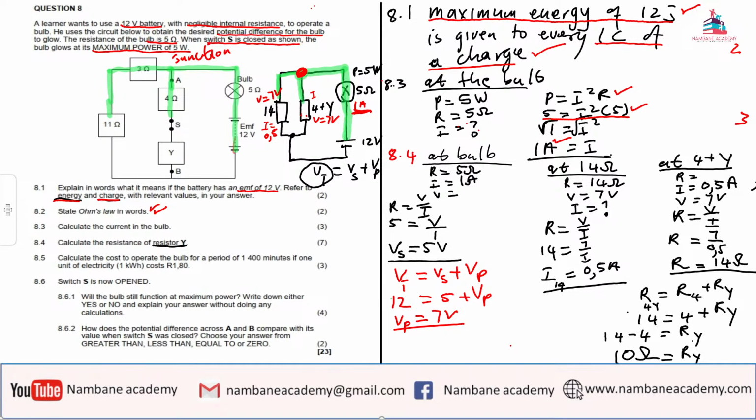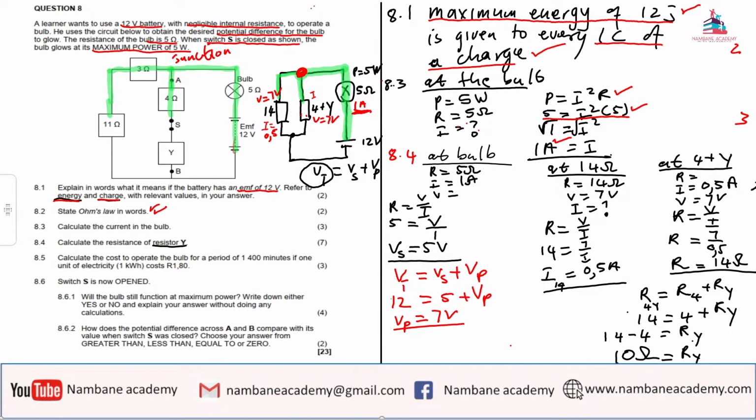So we cannot necessarily say the potential difference at the 5 ohm, which is the bulb, is actually 12V. No, because this 12 is being shared by what? The bulb and these two resistors. That's the reason why when we combine 5 plus 7 it should give us the 12. Why? Because the 12 is the maximum potential difference that this particular battery can give us.